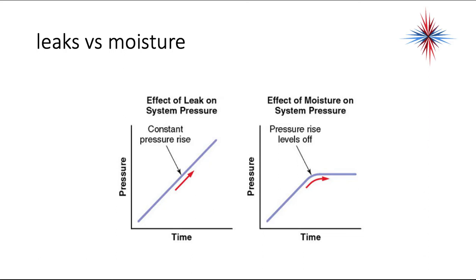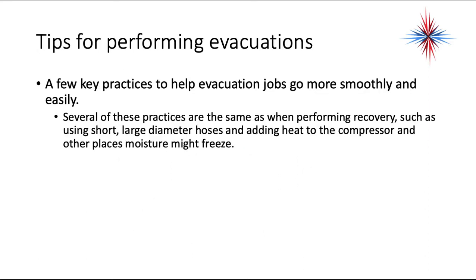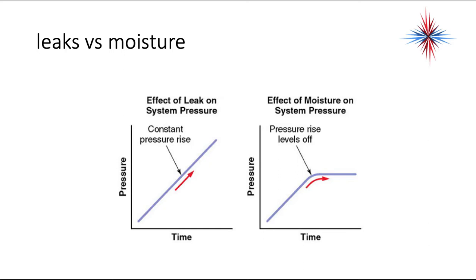It's not going to level off, and it's going to constantly rise until it reaches atmospheric pressure. If it has moisture, the pressure is going to rise and level off. It's not going to continue to rise until atmospheric pressure. So for the second one, you're going to turn the vacuum pump back on and continue your evacuation. For the first one, you're going to find the leak and repair it.